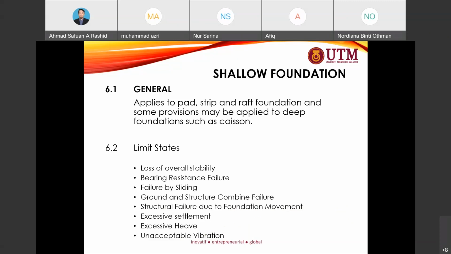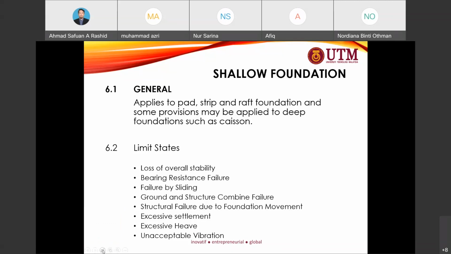But for our case, we focus on the pad, strip, and raft foundations. So based on the limit state, the discussion on the shallow foundation should look at several items under the limit state, either failure, ultimate or serviceability limit state.